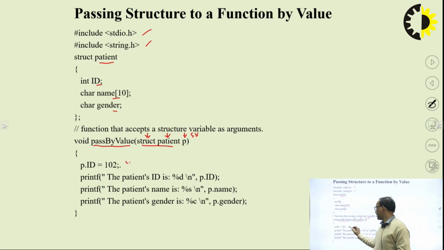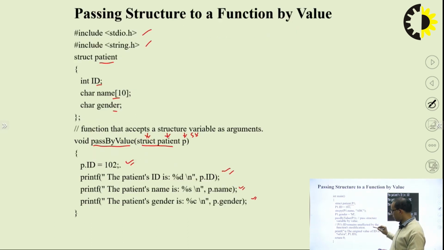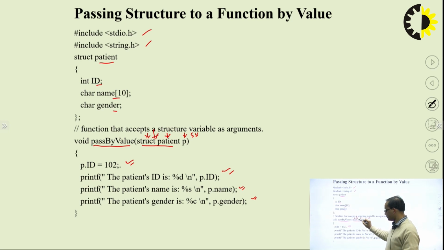Okay, so we are passing this here inside the function as a parameter. Now we are assigning the value. Suppose patient ID is 102, and simply we will print it. Patient name is p dot name, and patient gender is p dot gender. Okay, next this is the main method. Here we are creating another structure variable p1 of type patient, and a copy of this structure variable will be passed in here.